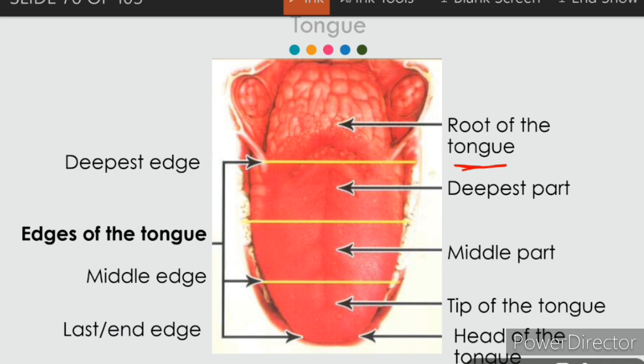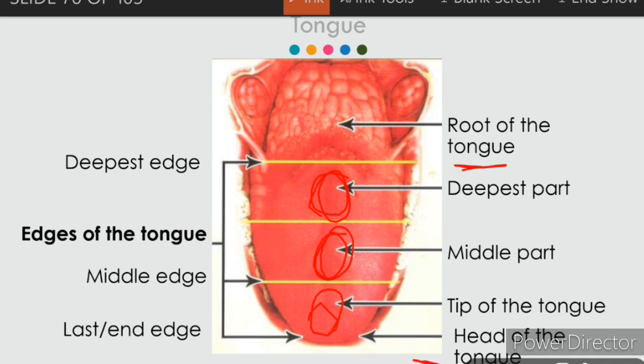And then we have three main parts: the deepest part of the tongue, the middle part of the tongue, and the tip part of the tongue, or the beginning of the tongue. And we have the head or the tip of the tongue.